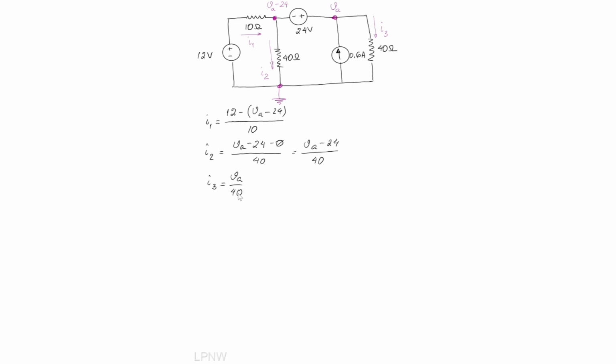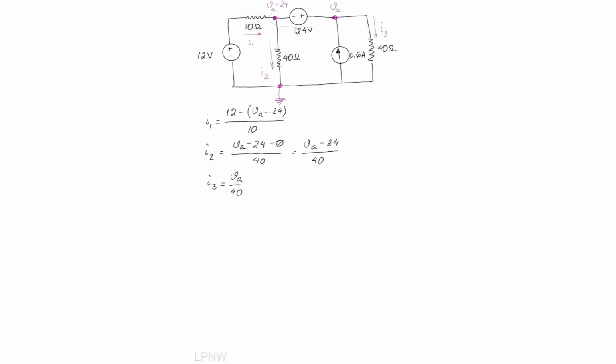Once we have the three equations, we will try to work out a relation between all the currents. So let's try to figure out the possibility to combine something in here.